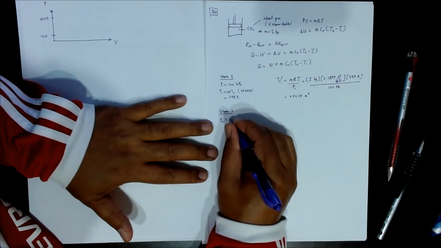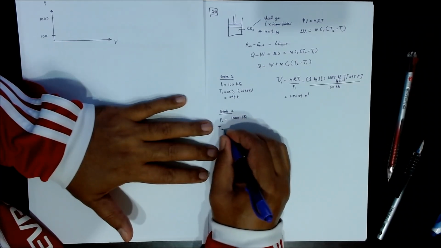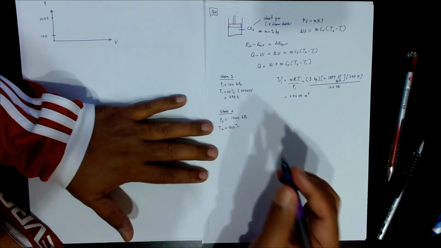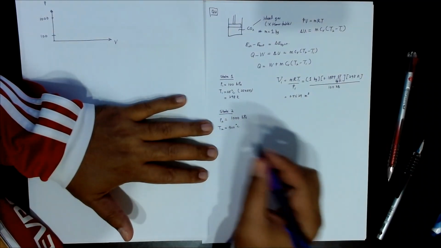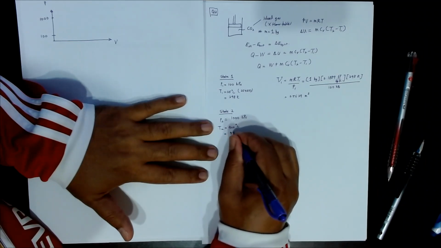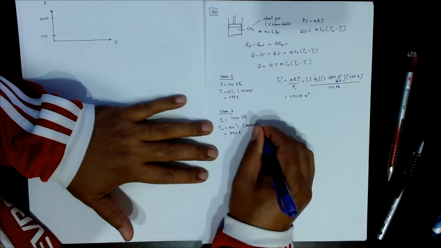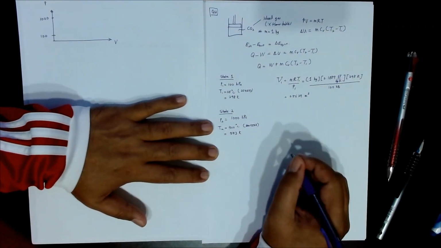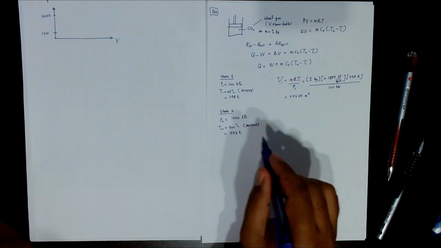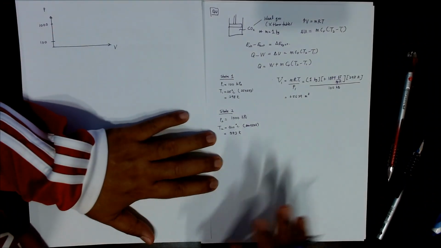So P2 equals 1000 kilopascal, and T2 equals 300 degrees Celsius, which is 573 Kelvin, because 300 plus 273 is 573. Later on in the test, they will ask you how to convert temperature. That's one of the hints for the midterm exam.